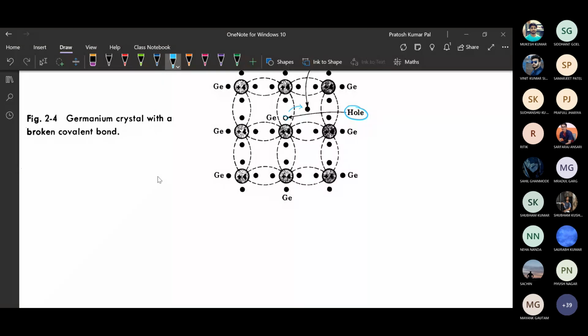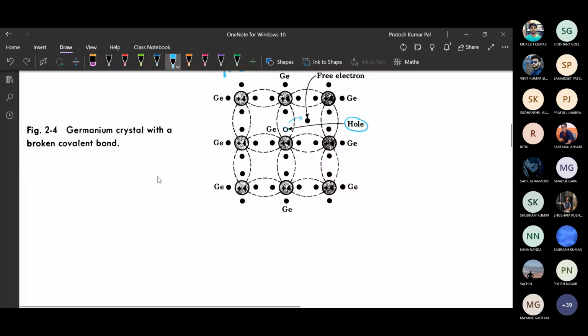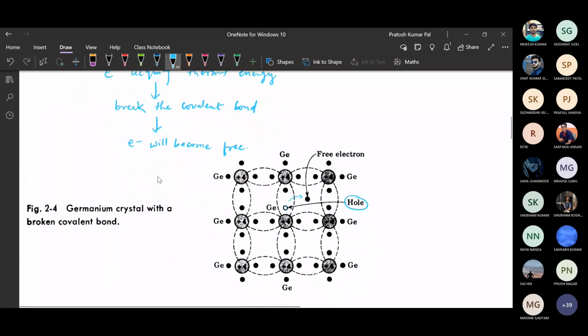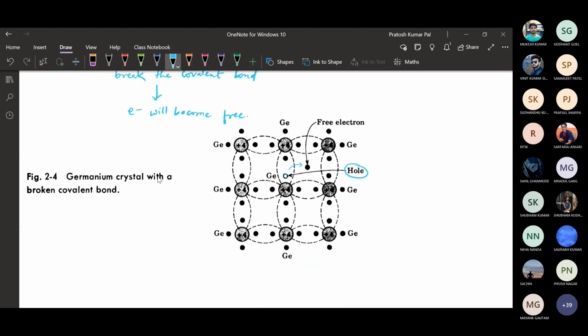Okay, so what is that sufficient energy that needs to be provided in terms of thermal energy, so that the electron will break its bond in this covalent bond? So that energy will be equivalent to the band gap energy. Suppose it is germanium, so in case of germanium the band gap energy is about 0.72 electron volt.